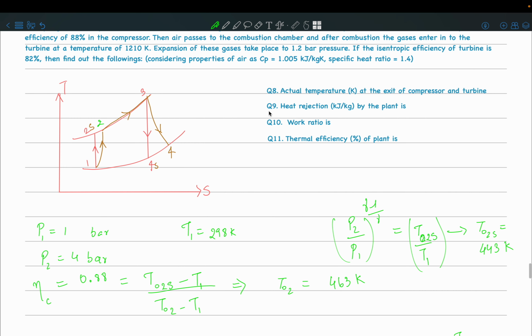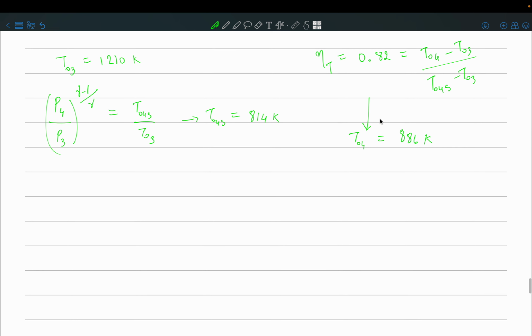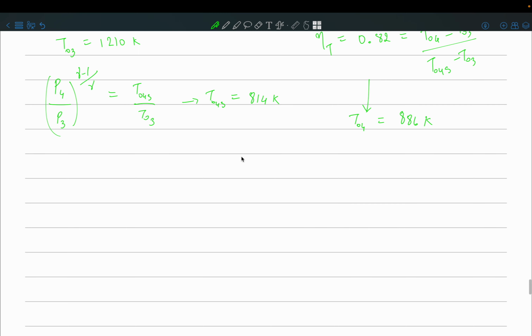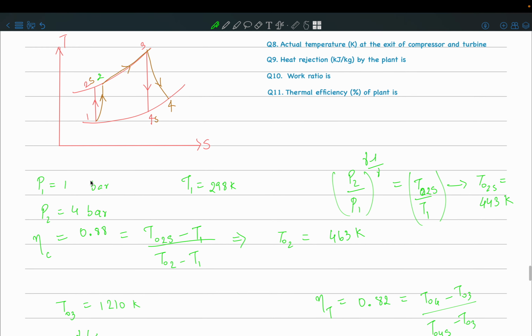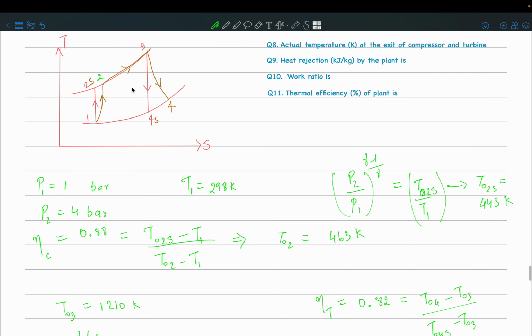Okay, and then question 9 is heat rejection by the plant. So what is heat rejection by the plant? Yeah, so Q out would be equal to, so go back to the cycle. Here you have a certain initial temperature, which is T1, and then the final temperature after the entire cycle is over, that is T4.